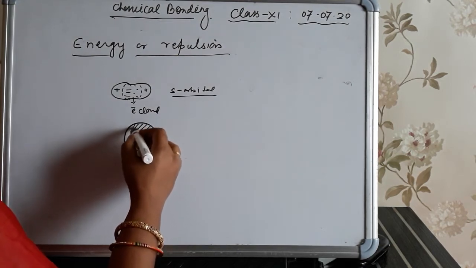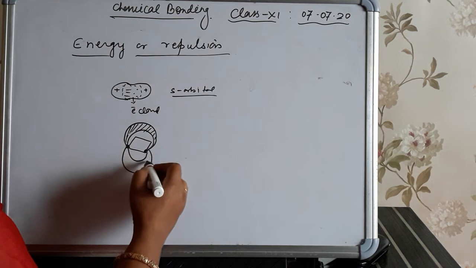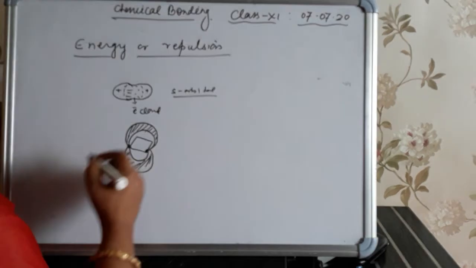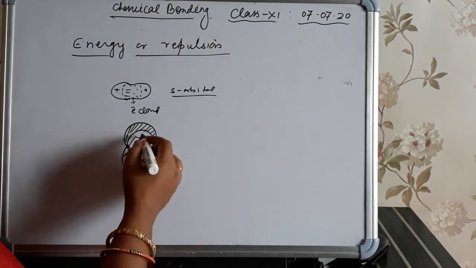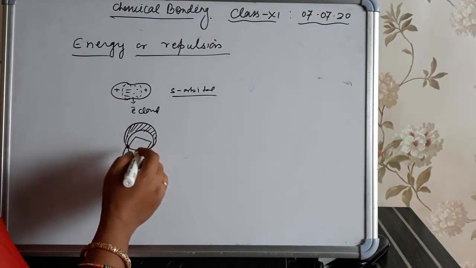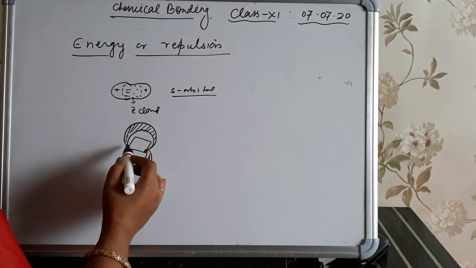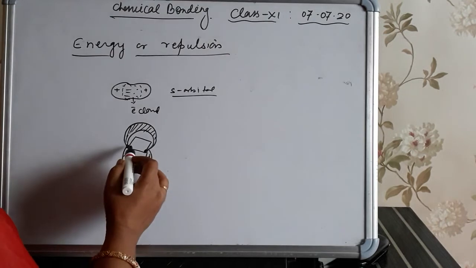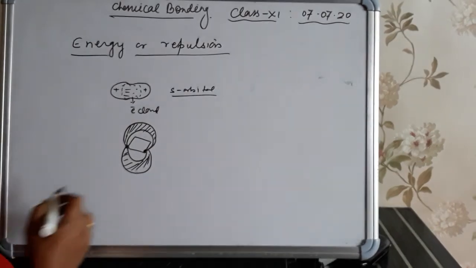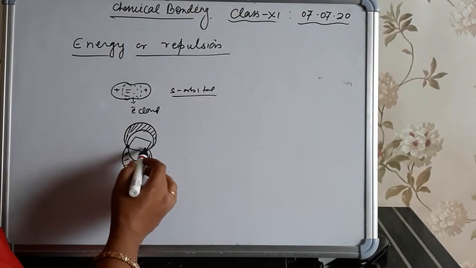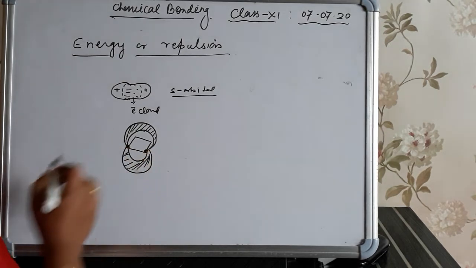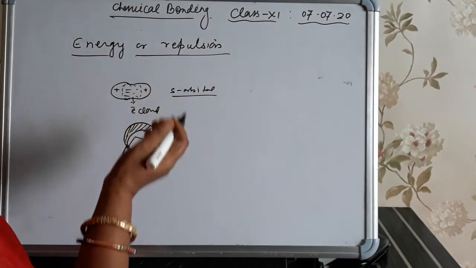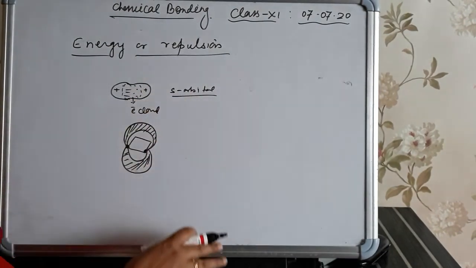This is the area of electron clouds. So students, between the nuclei no electron cloud is present. Nuclei are directly facing each other, and we know that when the same charges face each other, repulsion starts, and when repulsion starts, energy increases, and when energy increases, stability decreases.